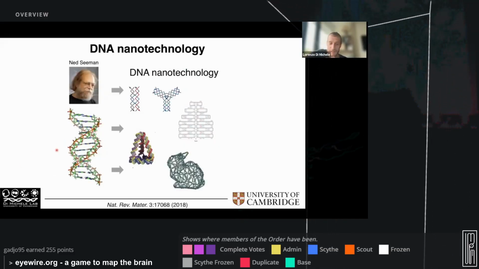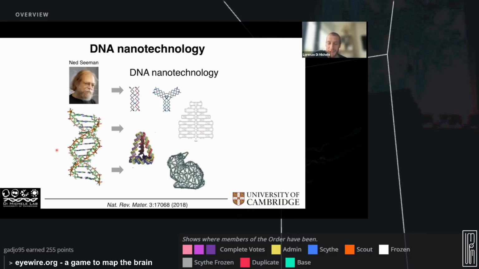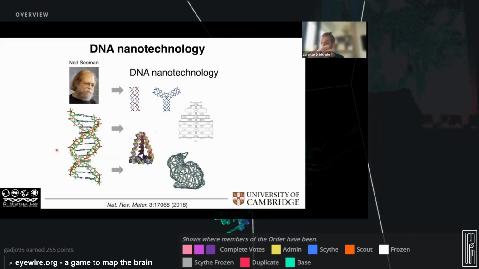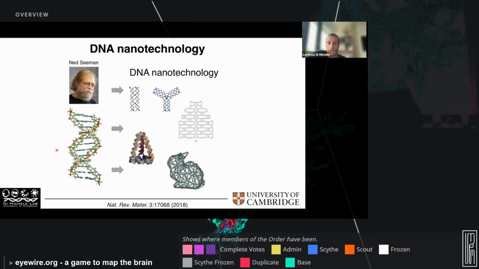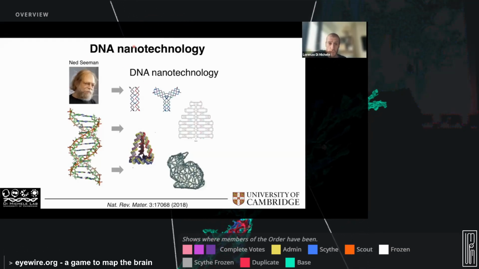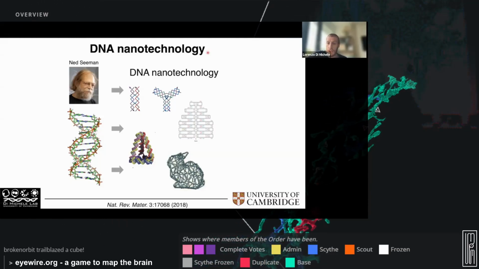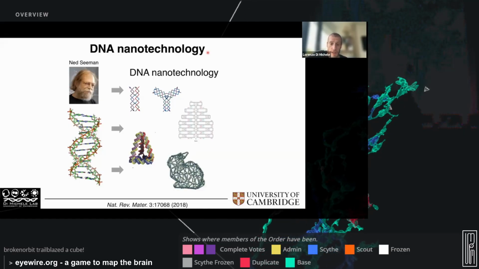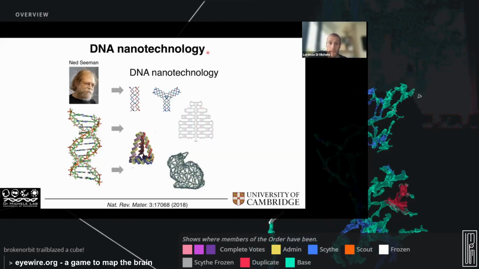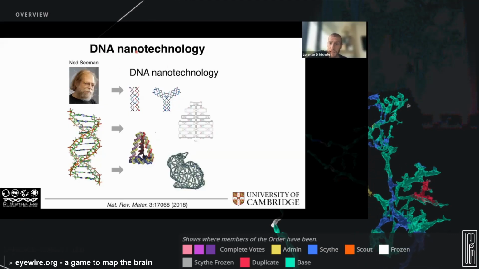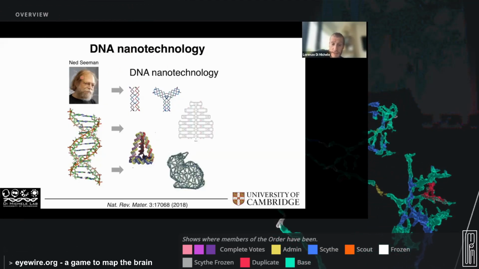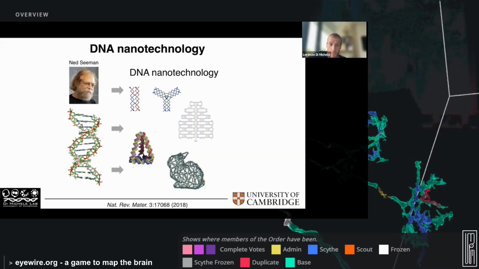An alternative approach, which is what I'm particularly keen about, is to use nucleic acids instead of proteins as building blocks. And you might want to use DNA, and this is one of the applications of DNA nanotechnology, which again, I'm sure many people will be aware of. So this is a concept and a field established by Ned Seeman around 40 years ago.